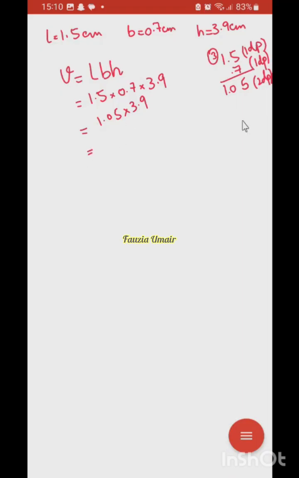Now what to do? We will multiply 105 with 39, right? 5 nines are 45, 9 ones are 9, 5 threes are 15, and so on. Now 105 has two decimal places, and 3.9 has one, so the answer would have three decimal places.